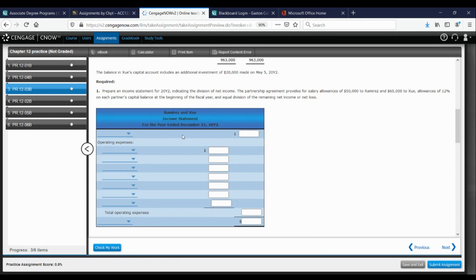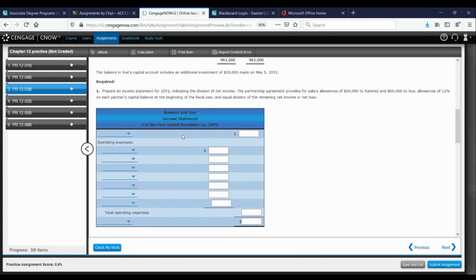As you will recall from Accounting 120, the income statement should always be prepared first because the net income is going to feed into the owner's equity statement, which in this case will be called the partnership's owner's equity statement or statement of owner's equity. And then once we figure out what goes on the partnership statement of owner's equity, it's going to be fed into the balance sheet.